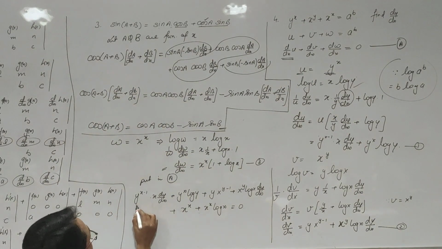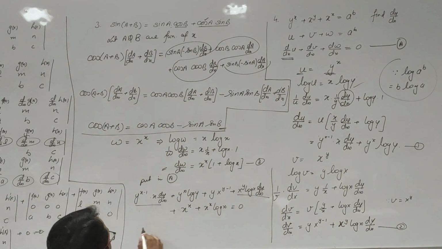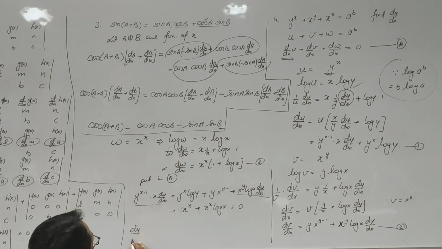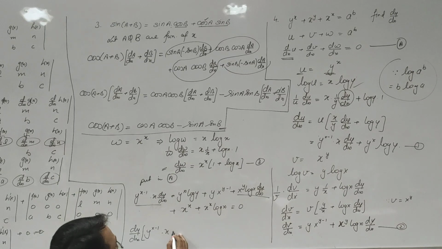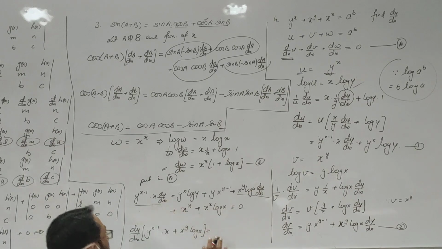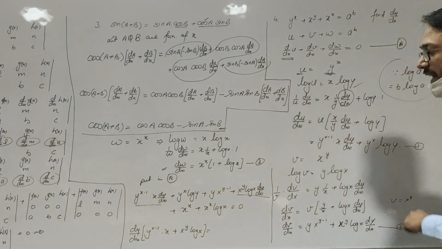So the dy upon dx terms are, dy on dx times what is left: y to the power x minus 1 into x plus x to the power y log x, equals, everything on the other side goes with the negative symbol.